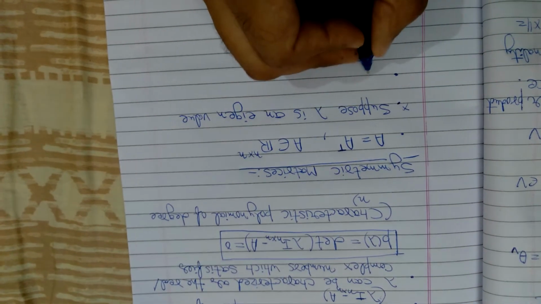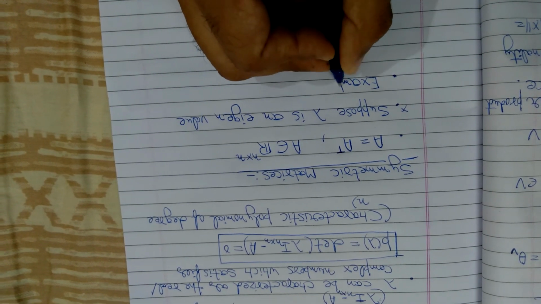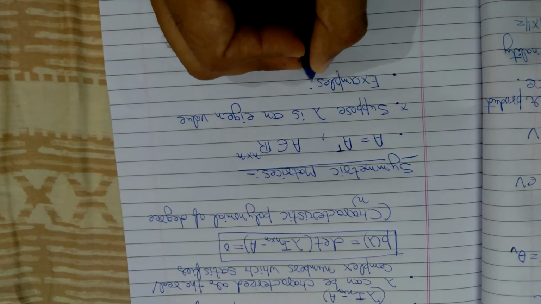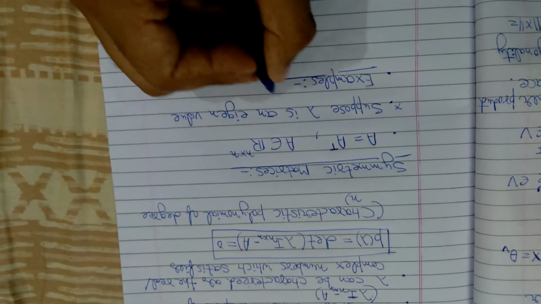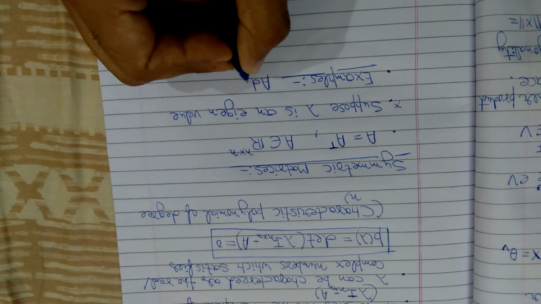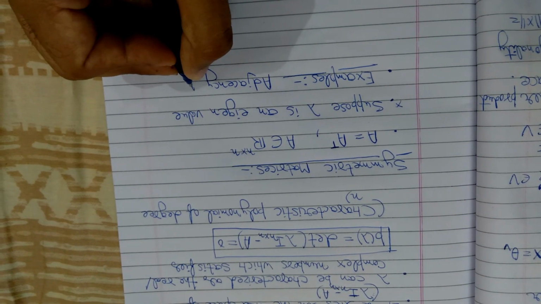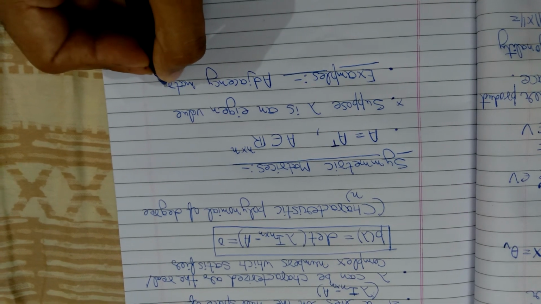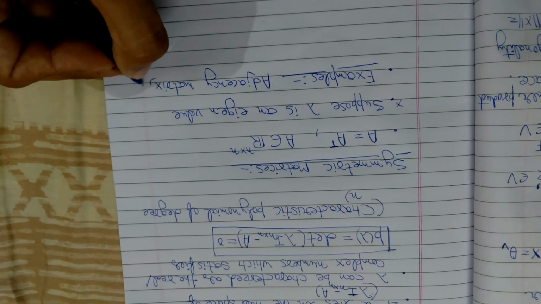So examples can be the adjacency matrix for an undirected graph, right?